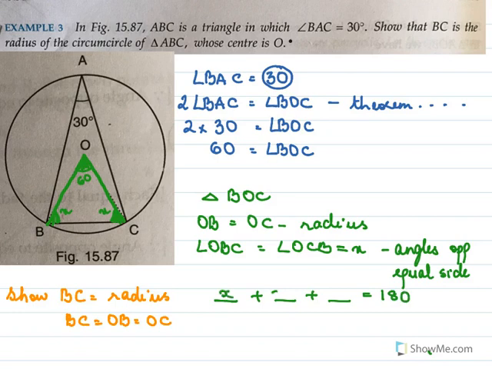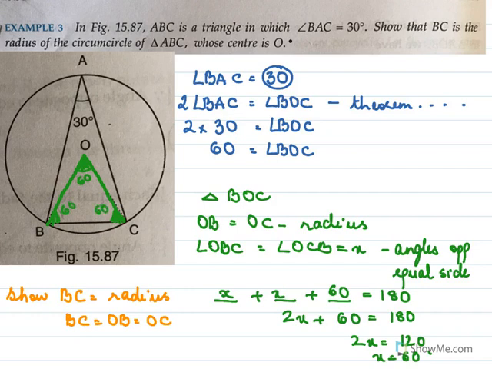So you have 2x plus 60 equal to 180, and 2x equal to 120. You will get x as 60. So the angles here are all 60, so it becomes an equilateral triangle.